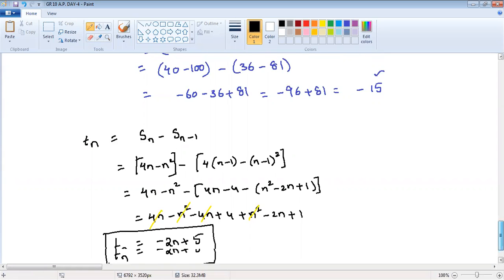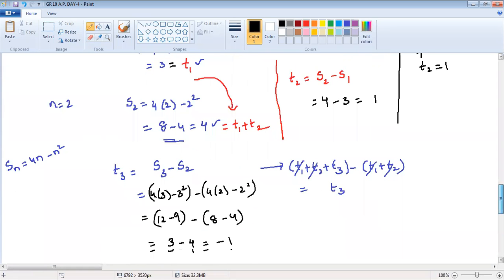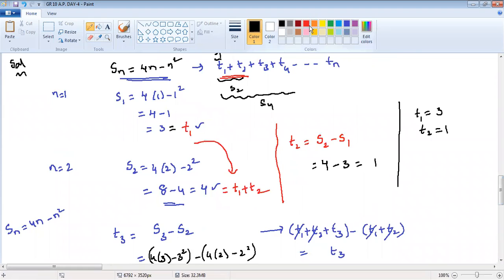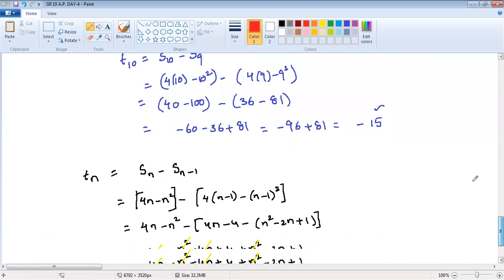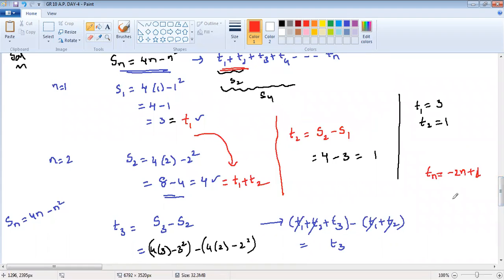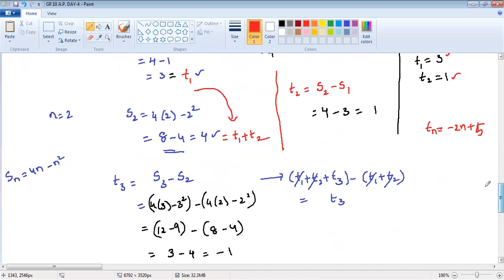Whether it is correct or not, we will check now. Tn is equal to minus 2n plus 5. When n is 1, minus 2 into 1, minus 2 plus 5 is 3. Correct. Then n is 2: minus 2 into 2, minus 4 plus 5, correct.